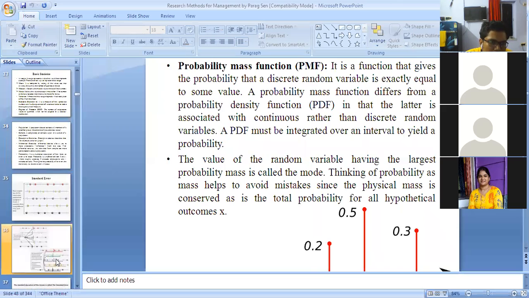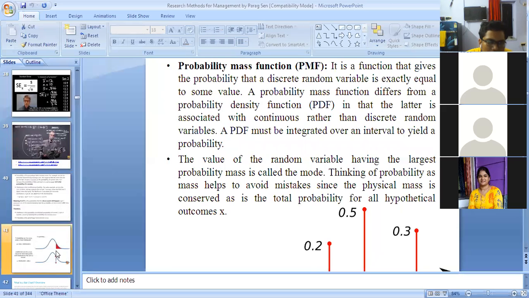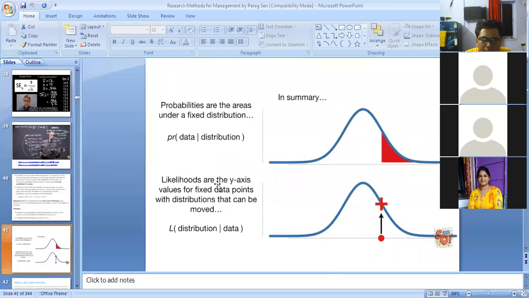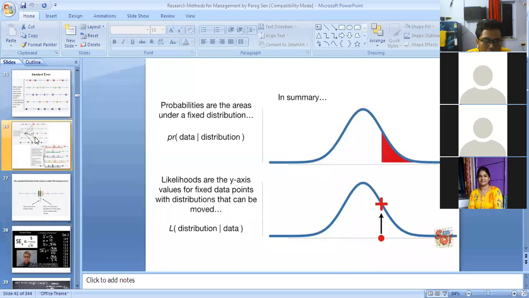Okay, so I can show you another example. It's not a very good example, but I can show you here also. Suppose this is the normal distribution, and the shaded portion is here.